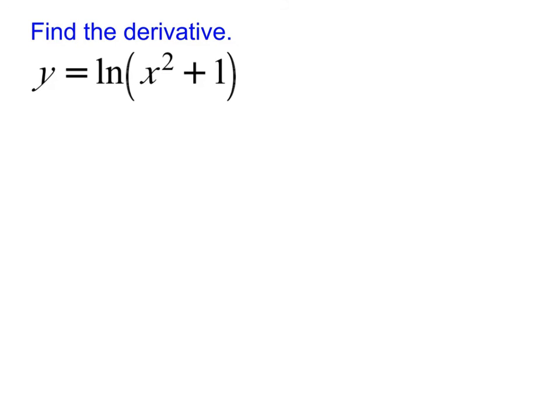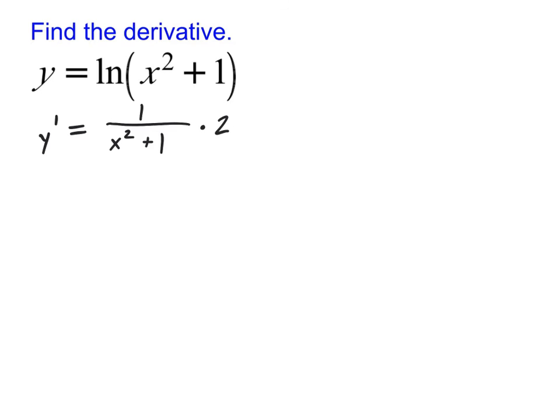I don't want to forget about our logarithm derivatives, so we'll make this our last practice problem of the day. Please find the derivative of this equation. All right, so for finding our derivative, the derivative of natural log, remember, is 1 over x. So in this case, it's going to be 1 over x squared plus 1. Then it's going to be times the derivative of that inner function, because we're using chain rule here.